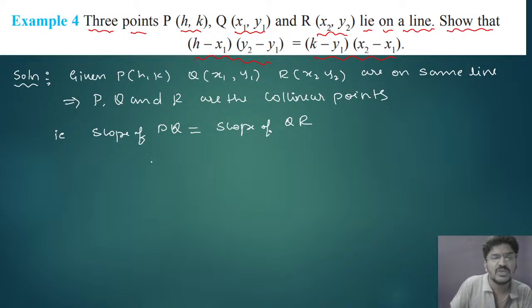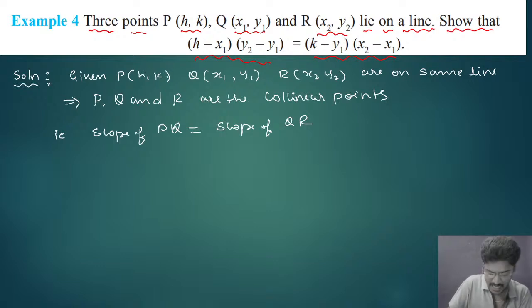Okay. So you have to write the slope of PQ as y1 minus k divided by x1 minus h.